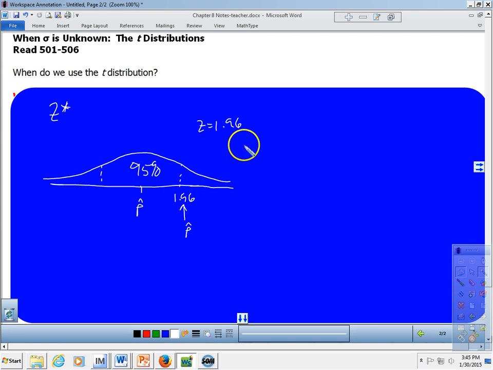So if you remember, we take an actual value and convert it down to a z-score as a way to standardize things, right? And to get the z-score, we had to take the actual p hat minus the mean of the sampling distribution and divide that by the standard deviation, right?